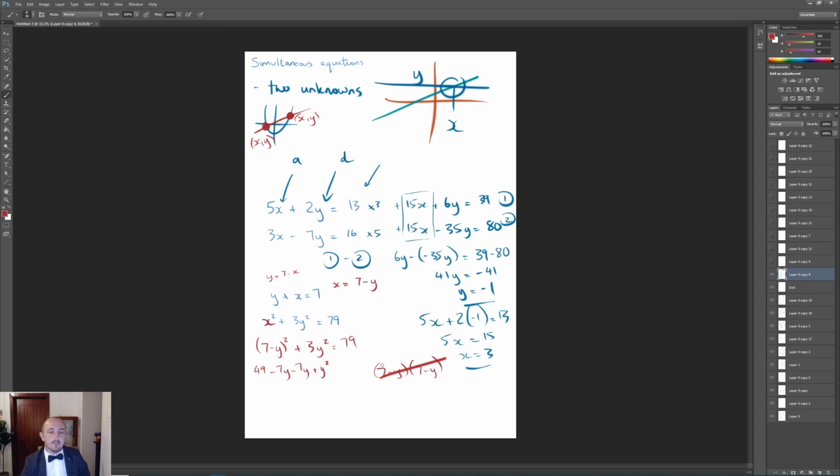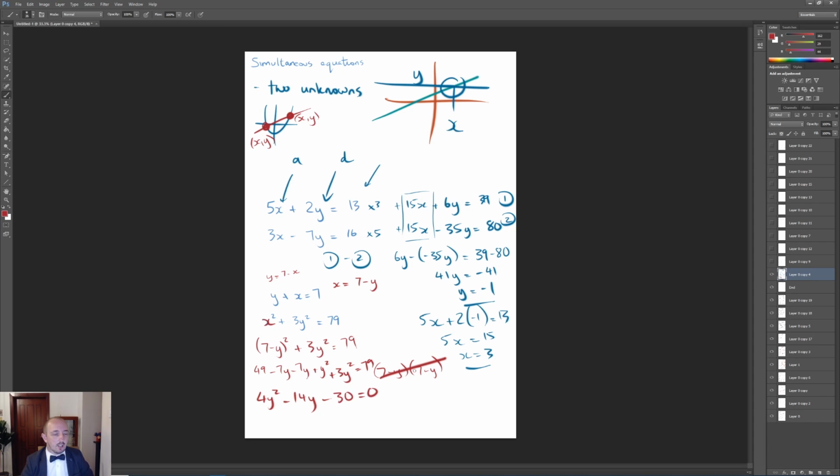That's that bit done. And now I can add my 3y squared and equal 79. And I'm going to rearrange this to get a quadratic in terms of y. So y squared plus 3y squared minus 14y, and 49, I'm going to bring the 79 across by subtracting 79, and I get minus 30.